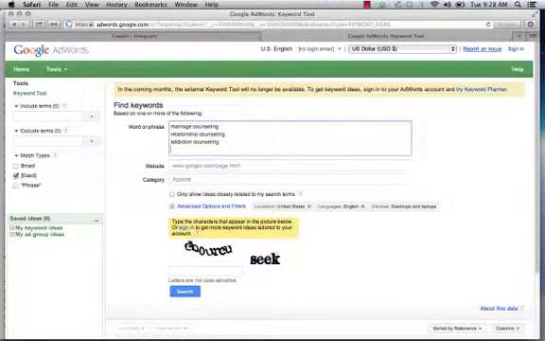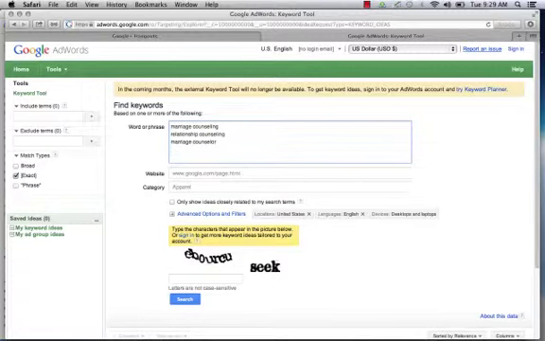Now there are other words for counselors, right? So let's just say we wanted to figure out whether we should use the word counselor or therapist or shrink, what we should use in relation to what people are searching for around marriage and relationships, okay?